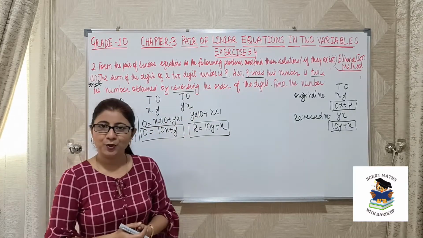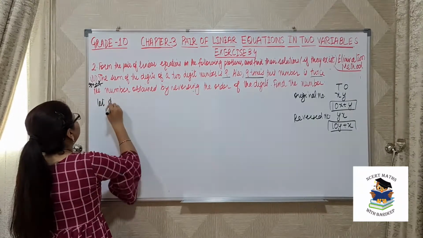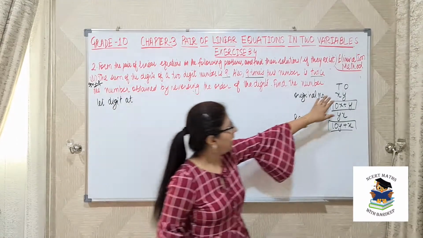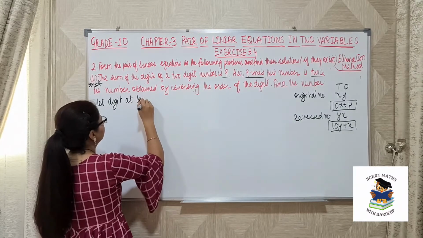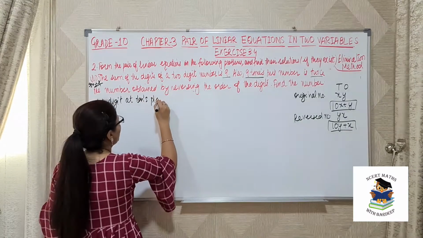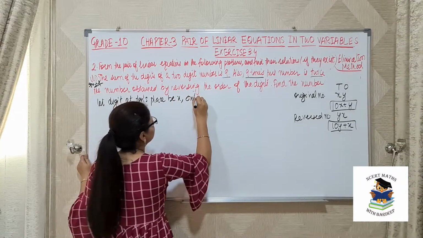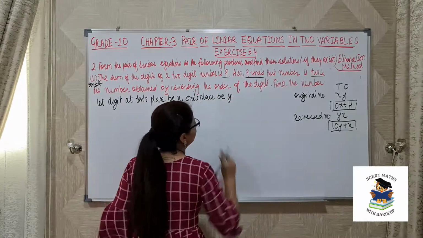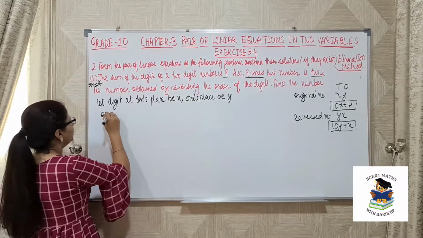So let's see how to solve this now. Let the digit at the tens place be x and the ones place be y. Okay. Then what is my original number? This you should write.